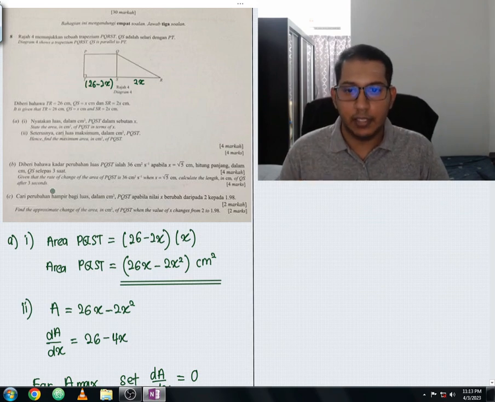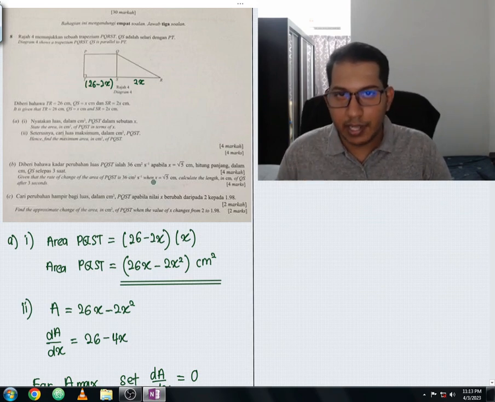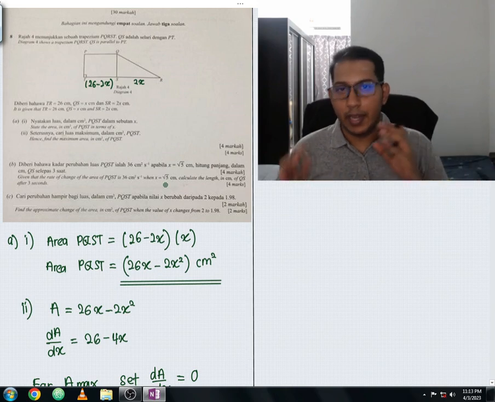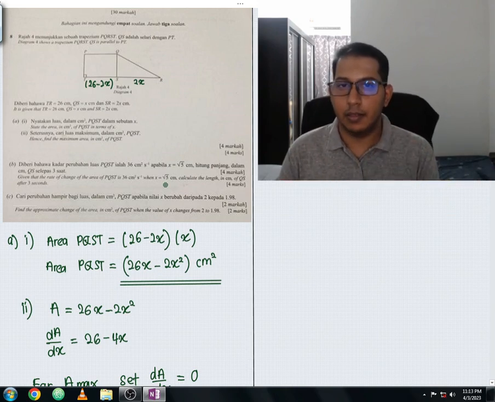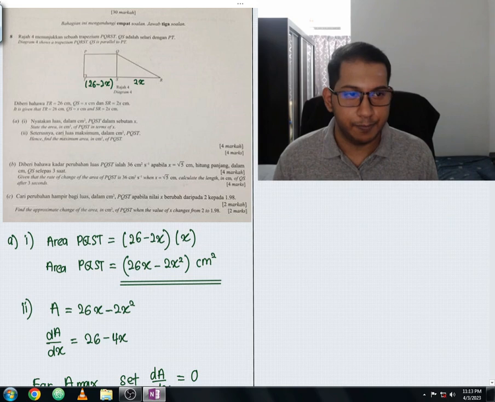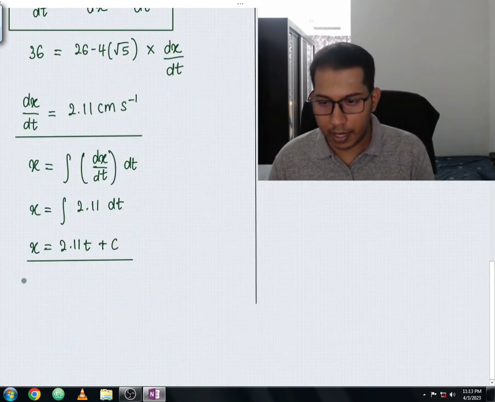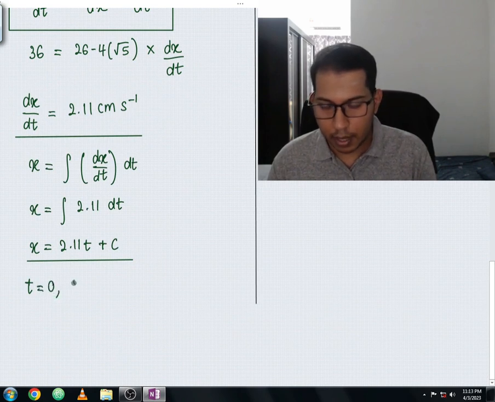So we can assume that in the initial time, when t equals 0, x equals root 5. So from here we got our information, t equals 0 and x equals root 5.